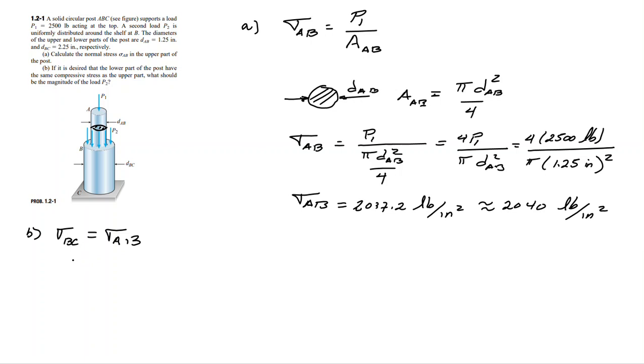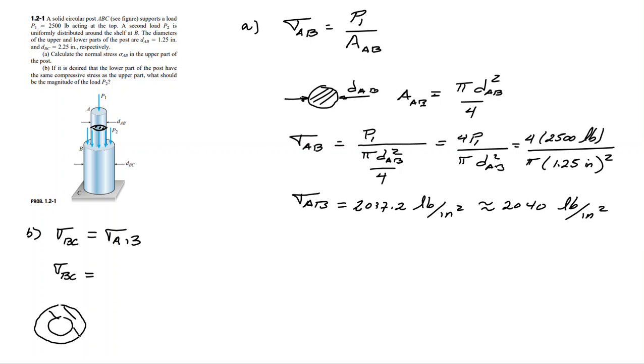So what we have to do is find the expression for the compressive normal stress in BC. In this case, P2 is acting only in this part, which is like a ring. Where P2 is acting, we have in the inner part the diameter of AB, and the outer part is the diameter of BC.